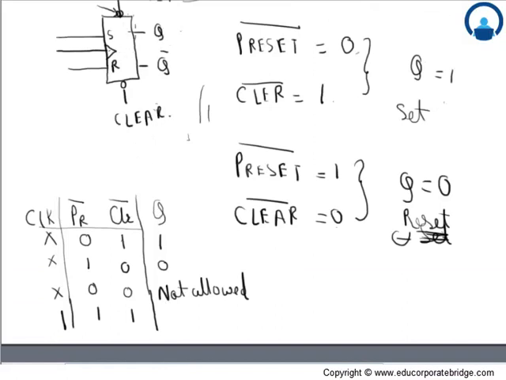If we don't want to change the state of the flip-flop using the preset bar and clear bar pins, we can deselect both by giving 1 1. So if we have to change the state of the flip-flop without selecting either of them, then we have to make the clock high, so that the operation will be a normal operation.